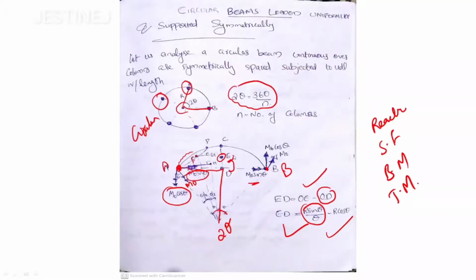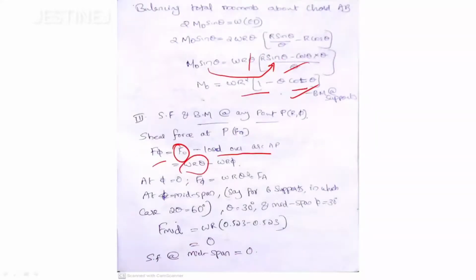If you take an angle phi here, then that is going to be W R phi, up to this much distance it is going to be phi. So you will get W R theta minus W R phi, and if phi is 0, it is obviously going to be W R theta.